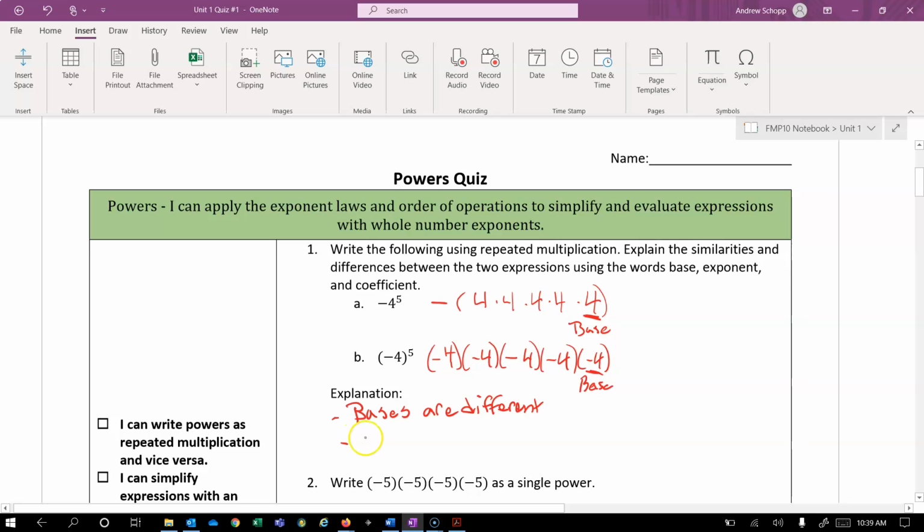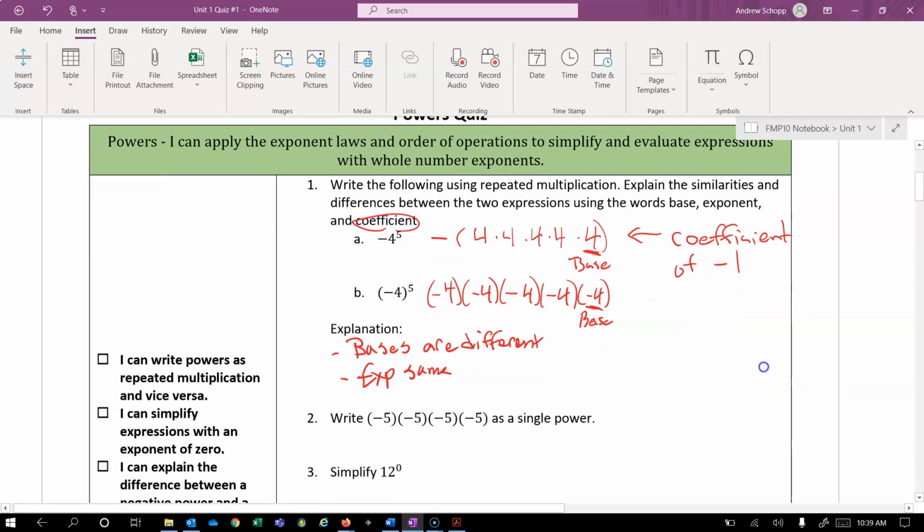The exponents are the same. And I mentioned this word coefficient. So you might be able to say that question A or example A has a coefficient of -1 in front of the power. So I was really looking to see that you understood when the negative was included and when it wasn't.